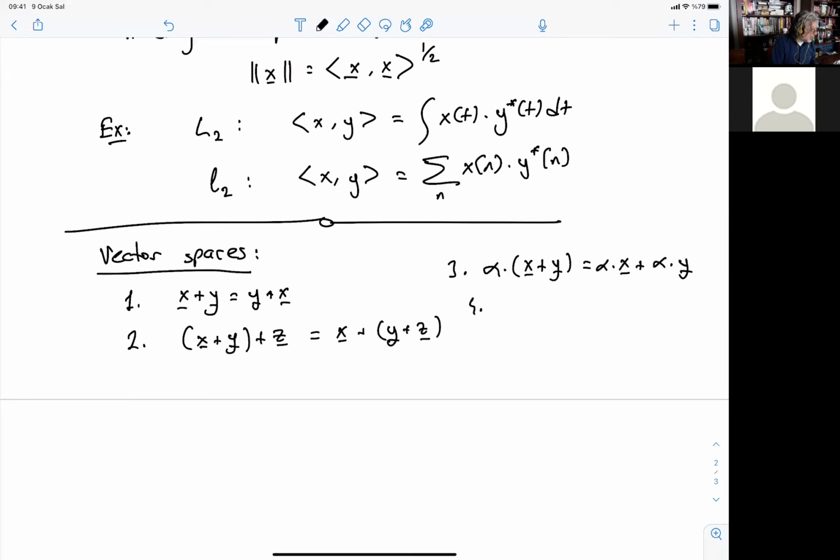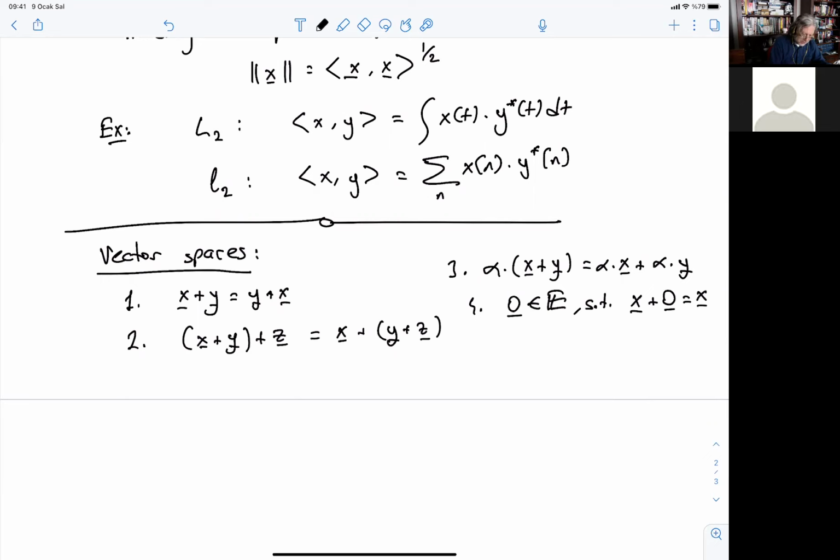The fourth property, there exists a zero vector inside your vector space. Let's call it E space with a calligraphic E like this. It exists such that when you add it to x, you will obtain x.